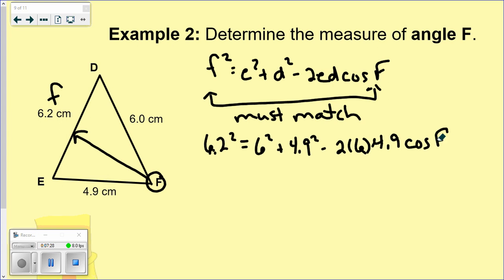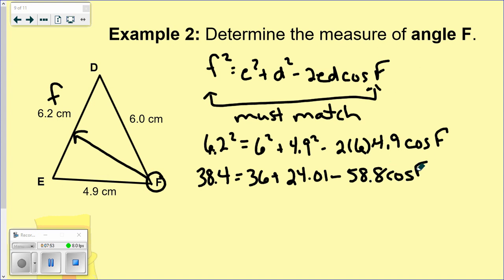And again, this is where BEDMAS becomes critical. And this one, you're probably going to want to show me a few more steps than you would like to, because of the BEDMAS behind it. Since these are both positive, I have to subtract them to move them over.